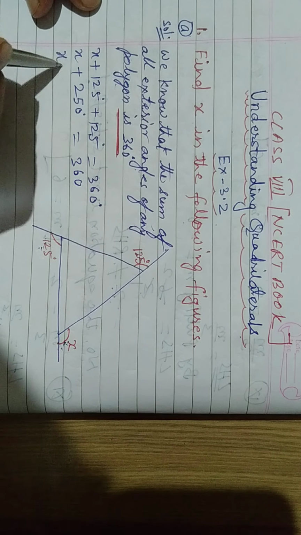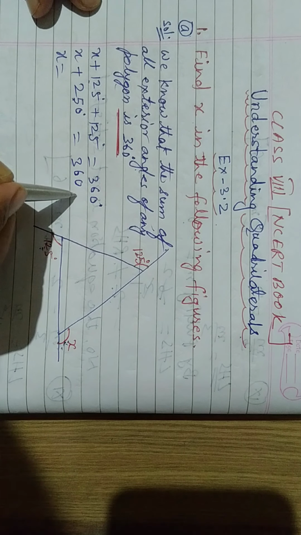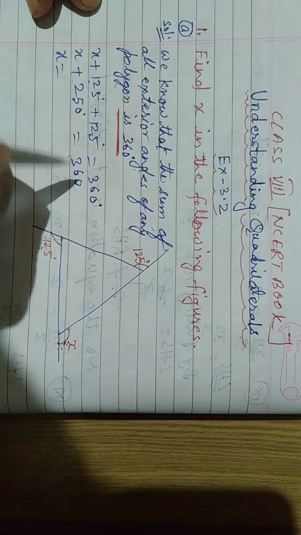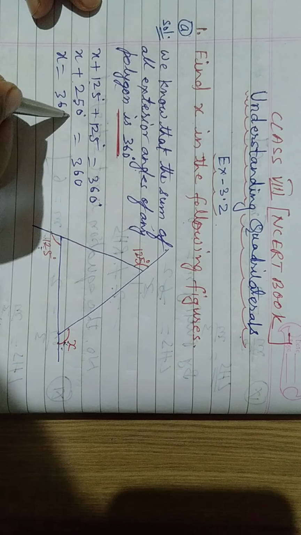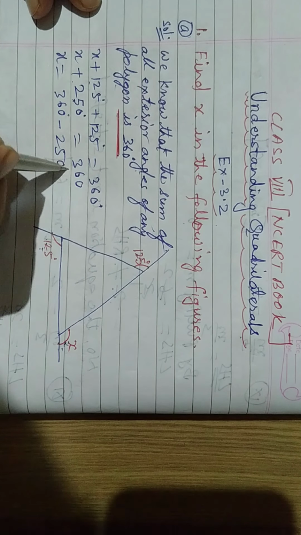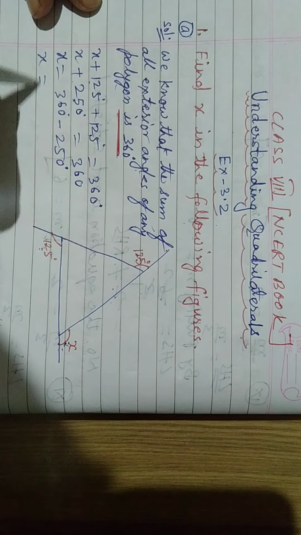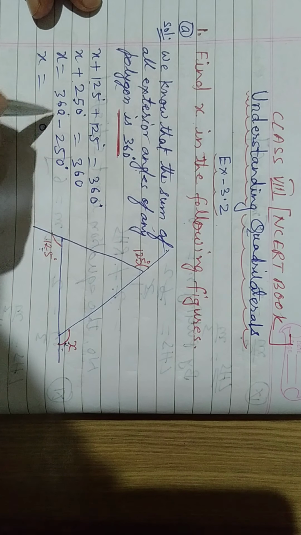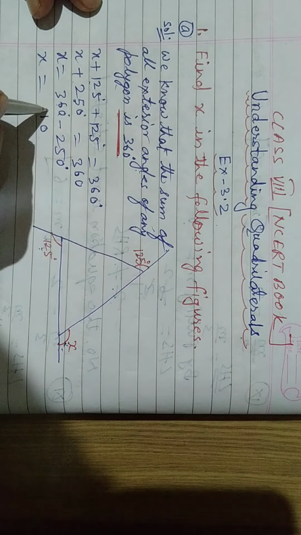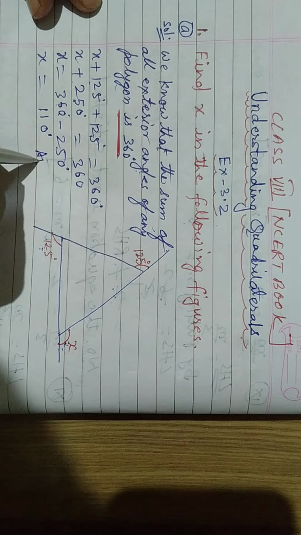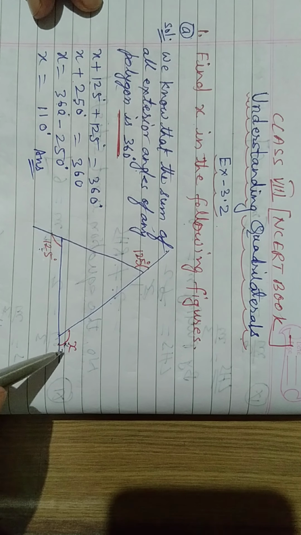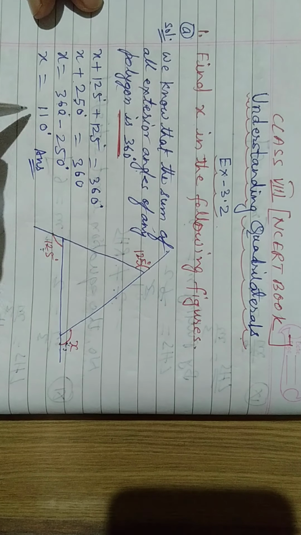After that, x equal to 250, you send to the right side, then the sign will change. 360 degree minus 250 degree, then x is equal to 0, 6 minus 5 is 1, 3 minus 2 is 1, 110 degree is the answer. Now the value of x is 110 degree.